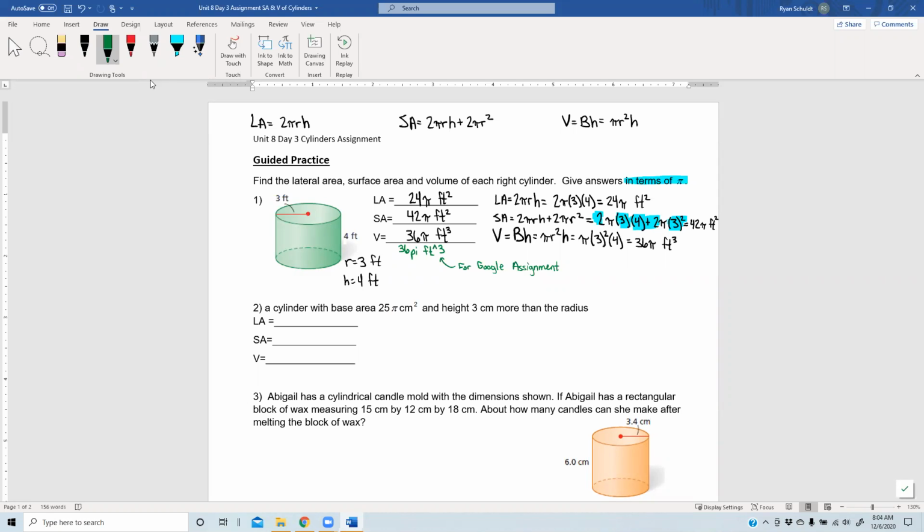Okay, number 2, a cylinder with base area of 25 pi and a height that's 3 more than the radius. Okay, let's see. It says base area.